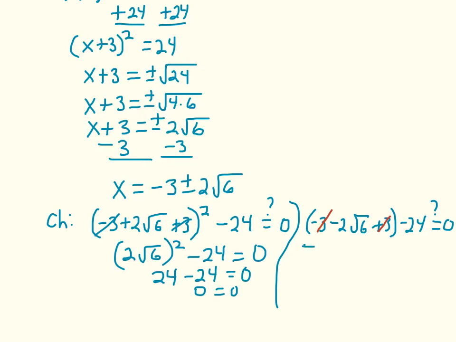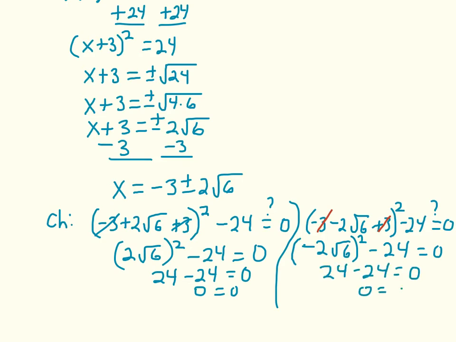So I get negative 2 root 6, and by the way, that was squared, minus 24, does that equal 0? Well, negative 2 squared is 4, root 6 squared is 6, so that's again 24 minus 24 equals 0, so 0 equals 0. So that's confirmed, and those two solutions are confirmed.